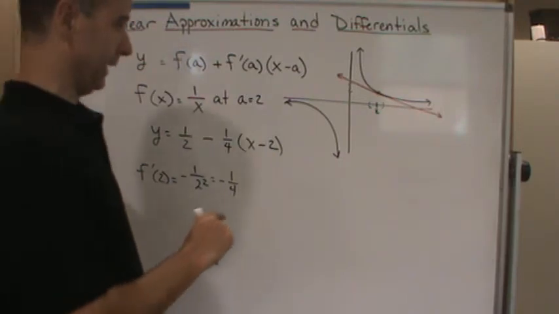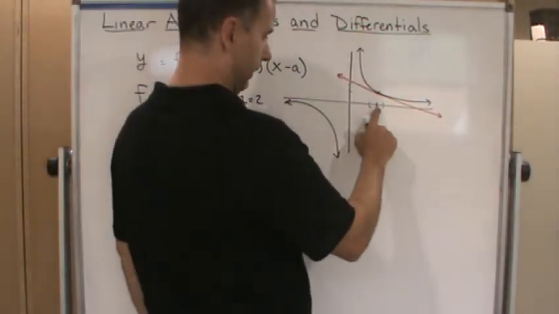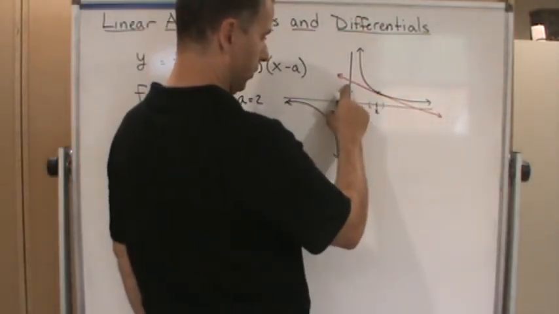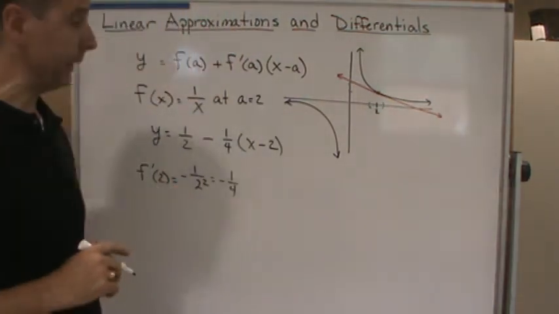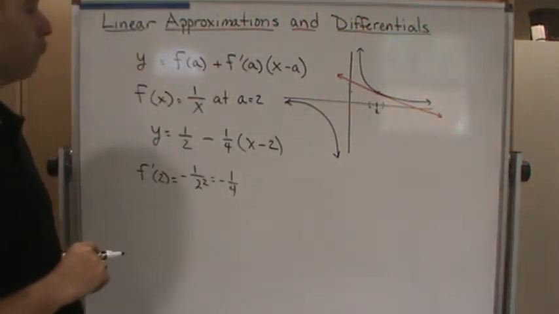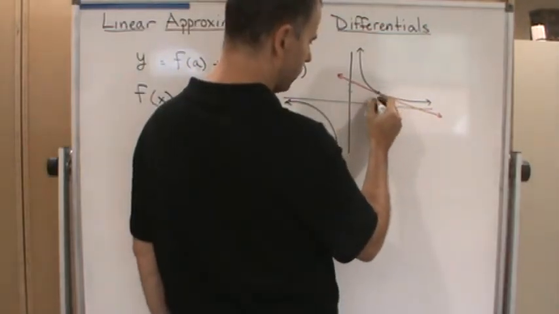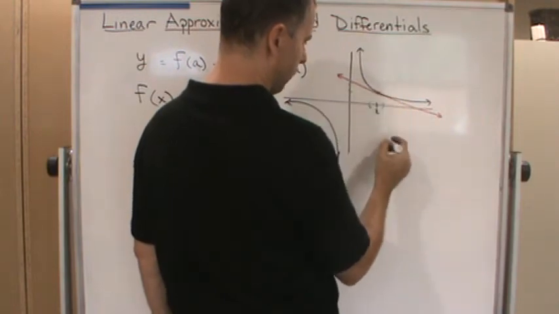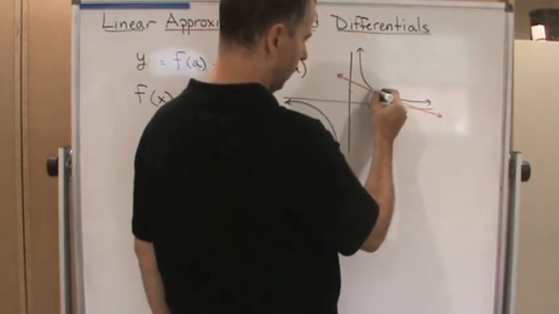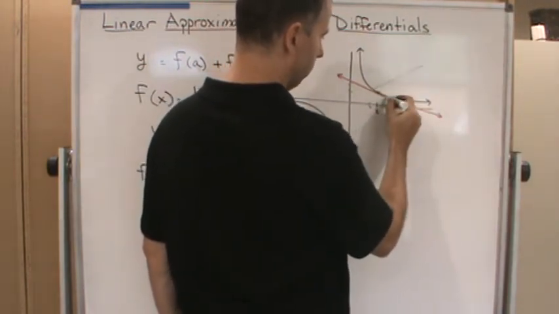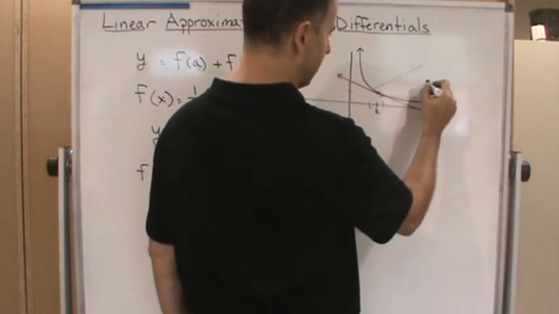Okay, so we can pick any x value in here, and on the tangent line we will be close to f of x within a certain degree of accuracy, right? To better see it, if we were able to zoom in really close, we might see something more pronounced.